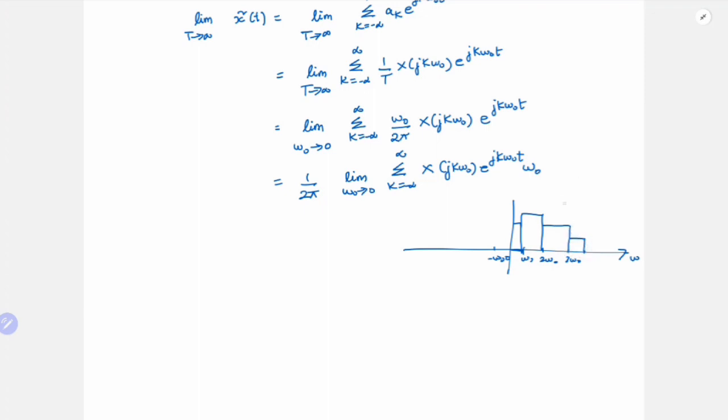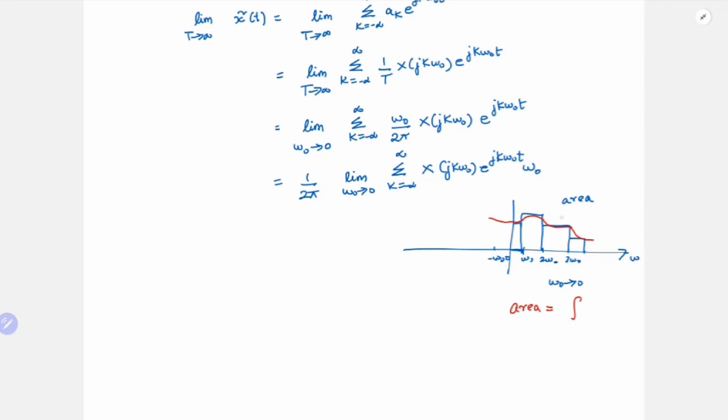And then I am taking the area under them. So if I shrink omega naught to 0, what happens? This becomes closely spaced and then I'll get a smooth curve, right? So then what is the area? Area is nothing but the integral, right?